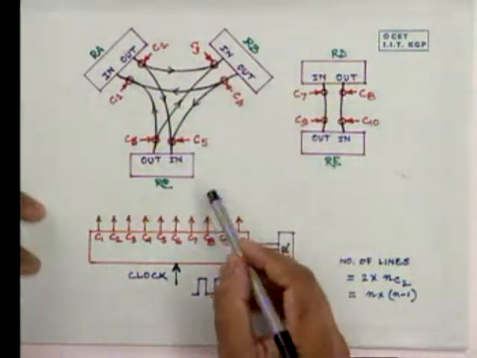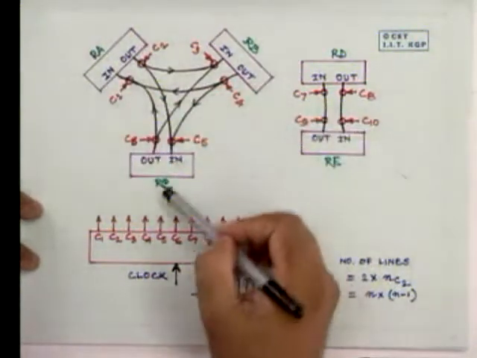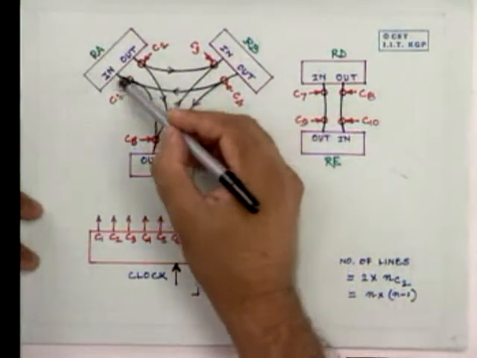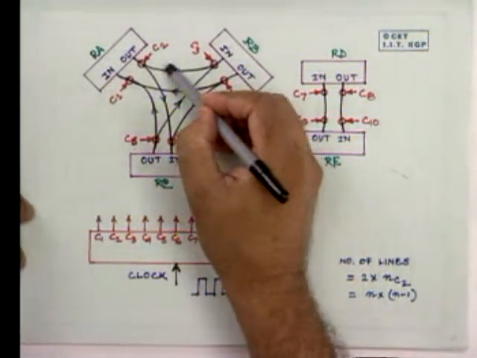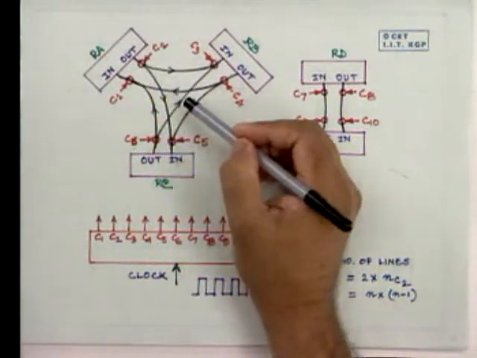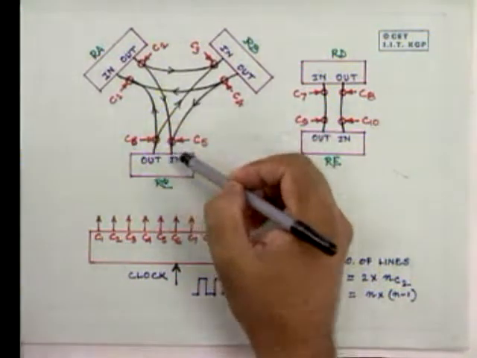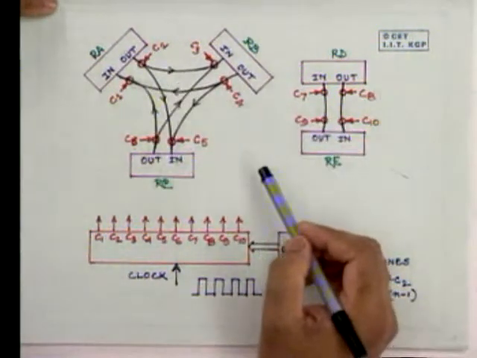Now, RA, RB, and RC, each register has several input lines and several output lines depending upon the size of the register. Each register is connected to the other registers.